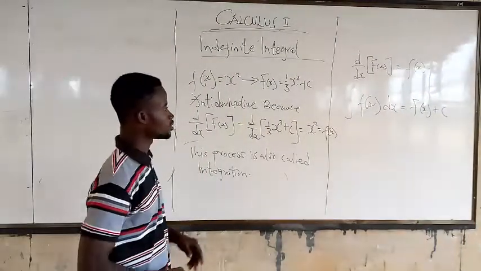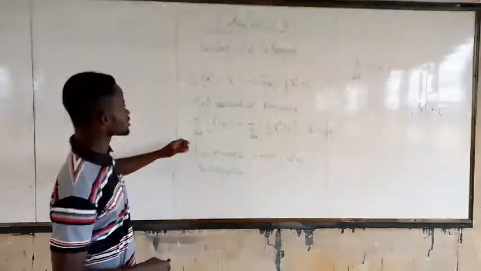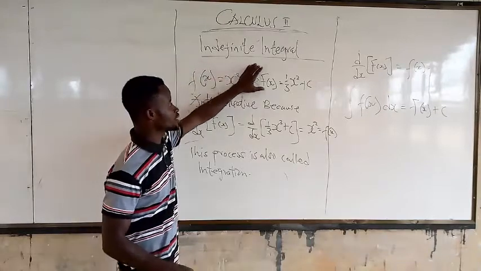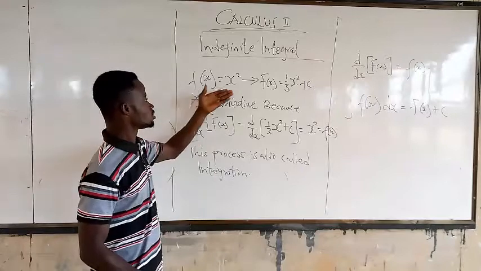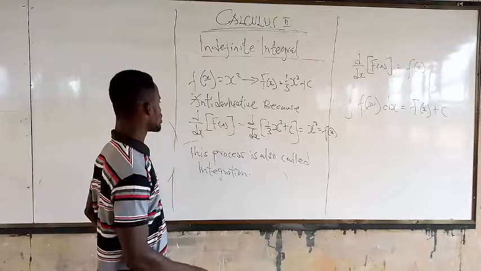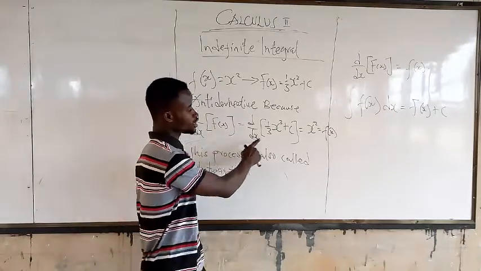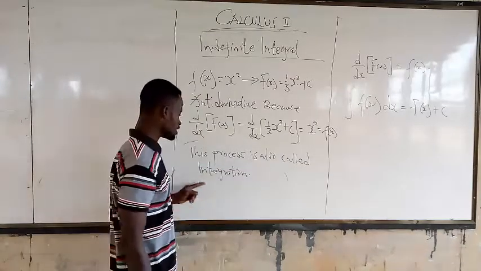Alright, so what we want to project to you is that whenever you have a function and you integrate it, you get this. Alright, so that process is called anti-derivative, because when you take the derivative of the integral function, it gives you the function back.